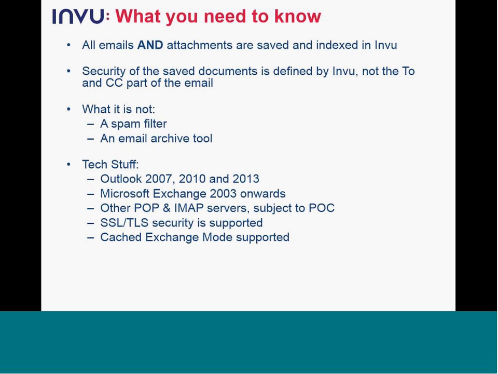So Email Manager, the rules engine, doesn't know that an email from joeblogs@yahoo.com is a private email, and therefore only certain people need to see it, unless it's saved in an area in Invu which is private and can only be accessed by a select few people. So the security is dictated by Invu, not by the context or even the content of the email.